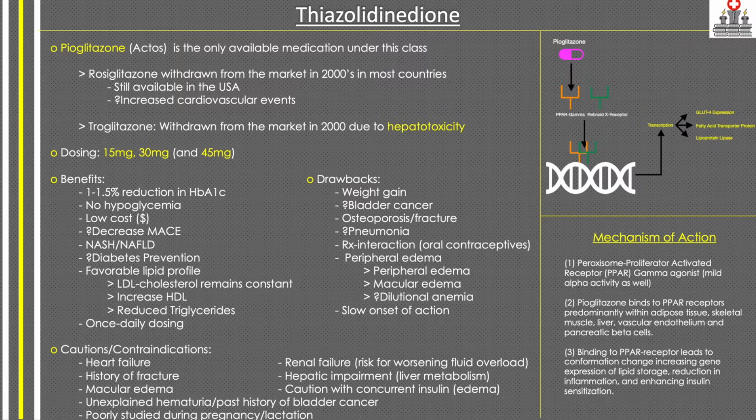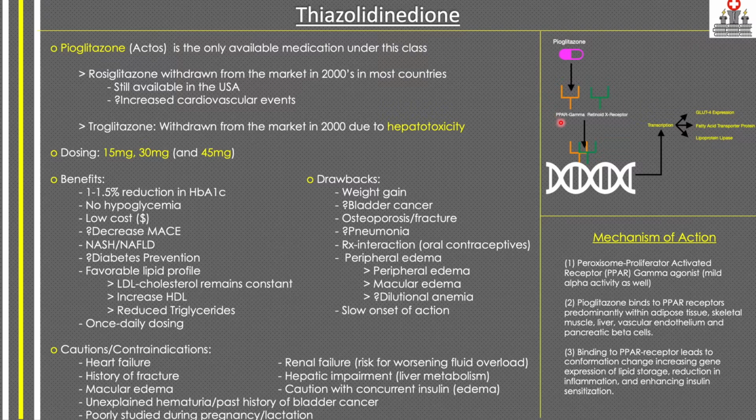Let us consider what exactly the TZD class of medications are and how they work. If we take a look at this diagram, we see pioglitazone acts within a PPAR gamma receptor. PPAR gamma is a fancy way of saying the peroxisome proliferator activated receptor, or PPAR for short, subunit gamma.